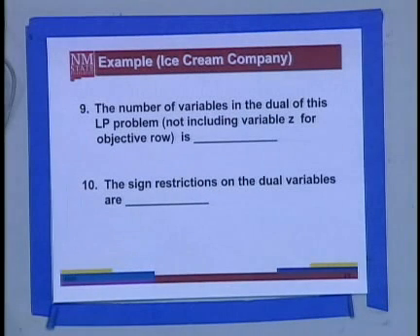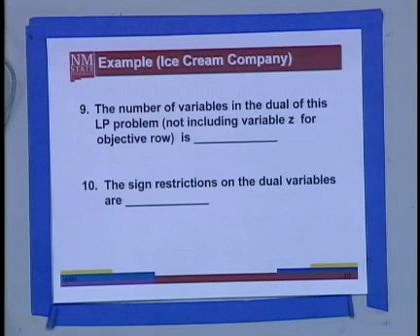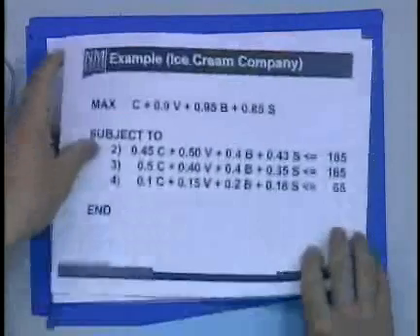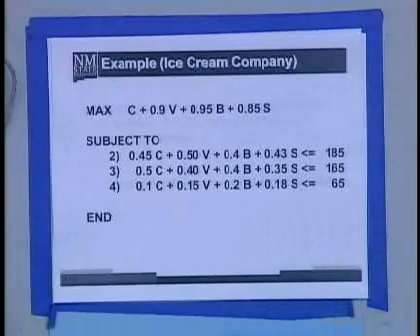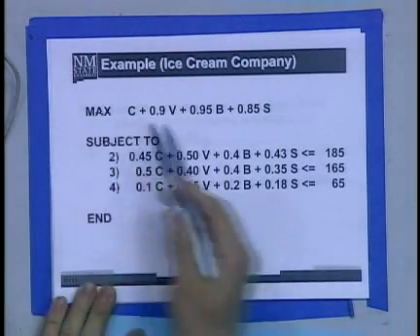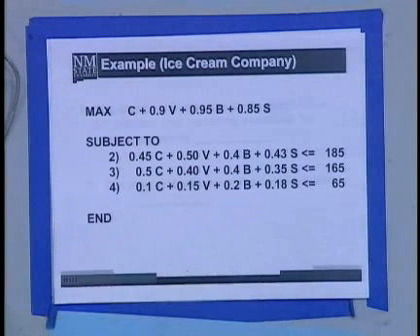Okay, next is number 9 and number 10. I think to answer both questions number 9 and 10, you need to build up a dual LP. The given LP is maximization problem with less than equal constraints and non-negativity restrictions, right?